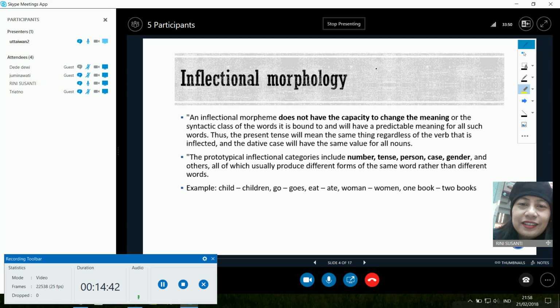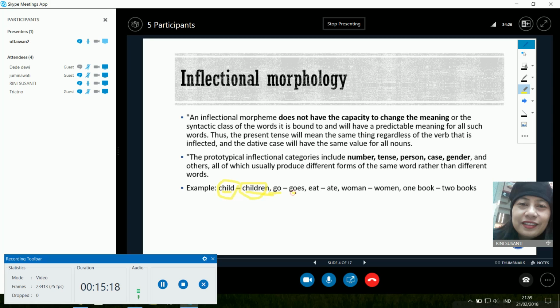Contohnya, dalam inflectional morpheme itu sendiri, it doesn't change any meaning, tidak merubah arti. Contohnya, ada child, children. Child means one person, children means more than one person. Even they add the suffix, it doesn't change the meaning into another person. It's just the number of person that changes. And also the next one is go and goes.